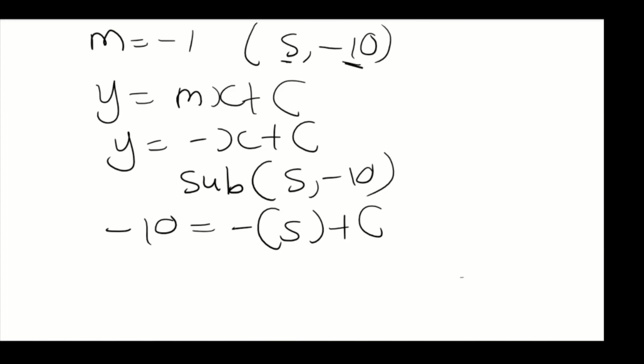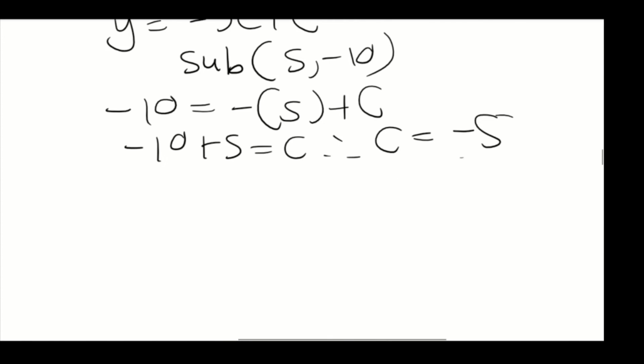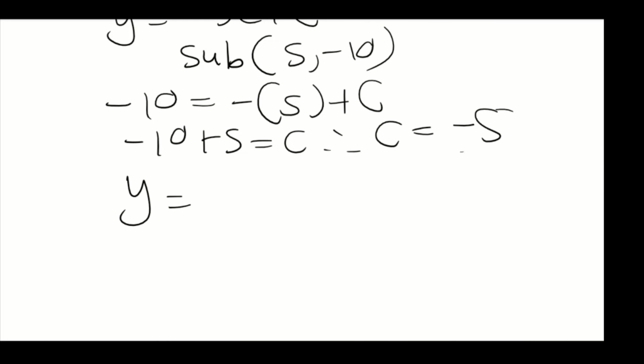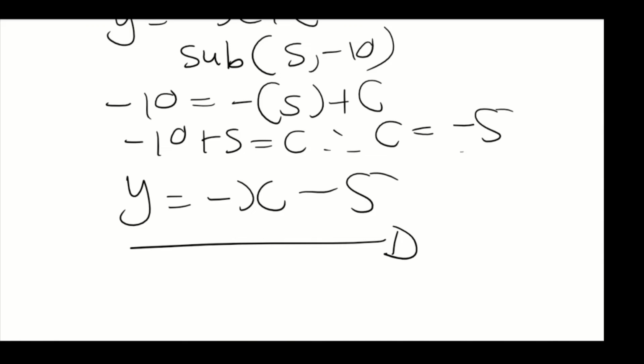Transpose the minus 5 to the other side: minus 10 plus 5 is equal to c. So our c is equal to minus 5. To complete our equation, y equals minus x minus 5. So this is the equation of the decreasing axis of symmetry of the hyperbola.